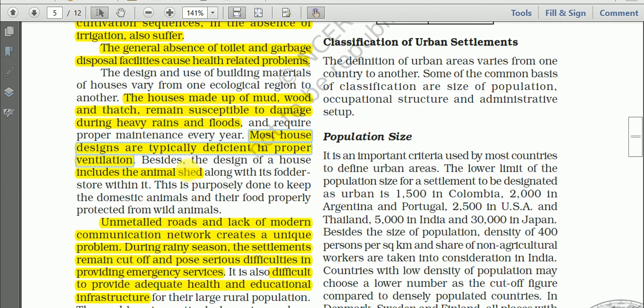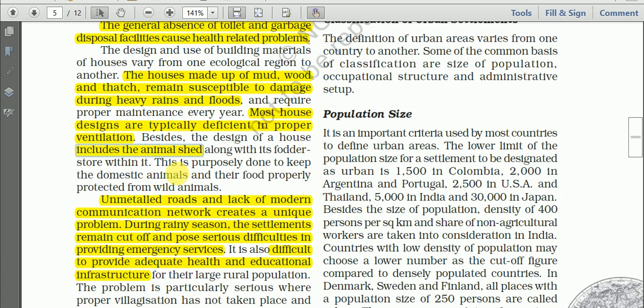And most of the rural houses include an animal shed, which is not hygienic. When these houses are combined with an animal shed, in that case it is not hygienic, diseases may be spread, and that is the point.